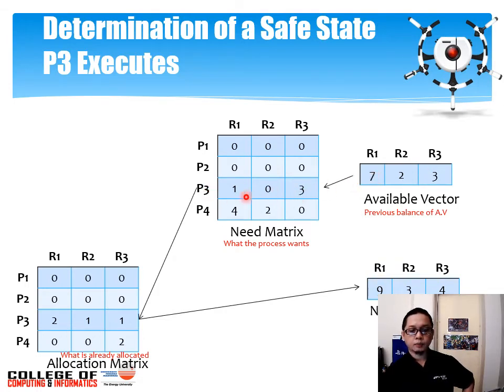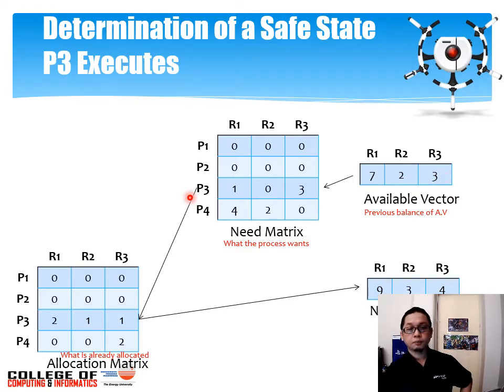By right, P3 will execute until it finishes. And once it's finished, it needs to return all these resources to the available vector. So now you have the new value for the available vector. Previously you had 7 units of R1, 2 units of R2, 3 units of R3.